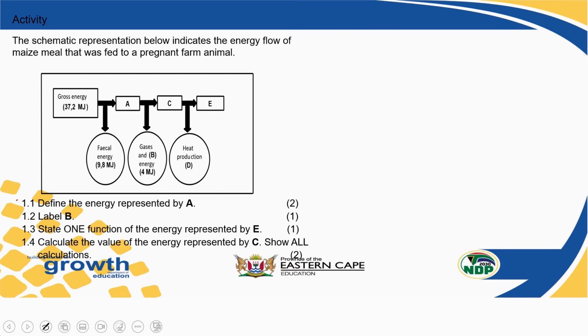Then 1.1, define the energy represented by A. So know these energies sequentially. So we mentioned the gross energy, the digestible energy, the metabolic energy, and the net energy. So they will always be sequential as that.